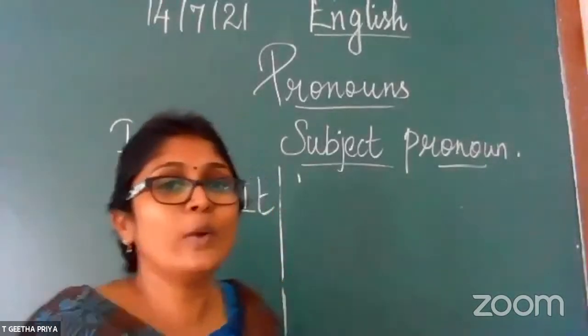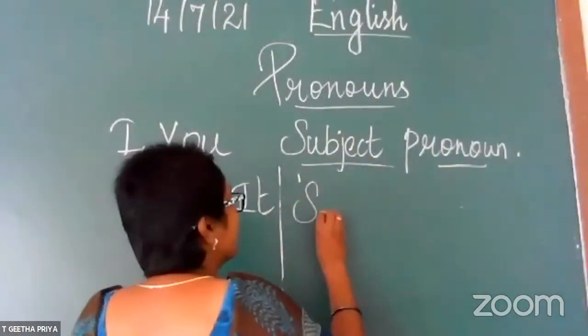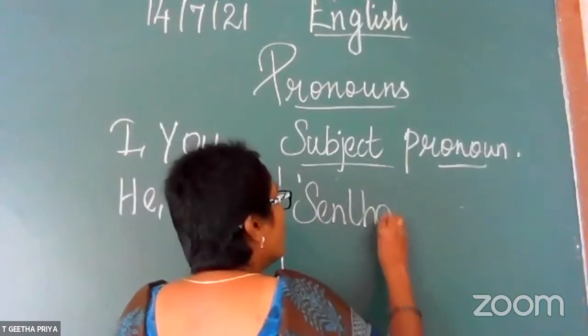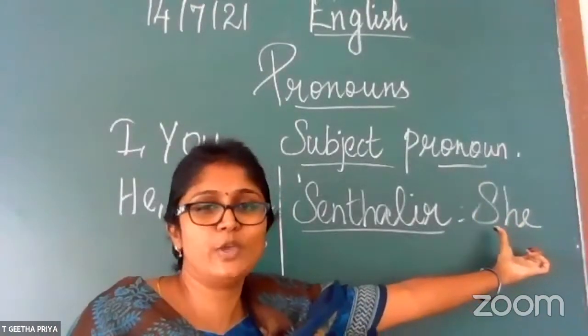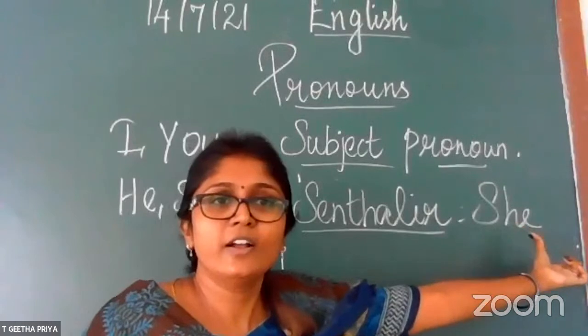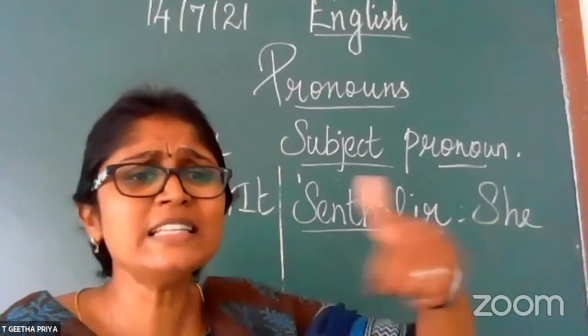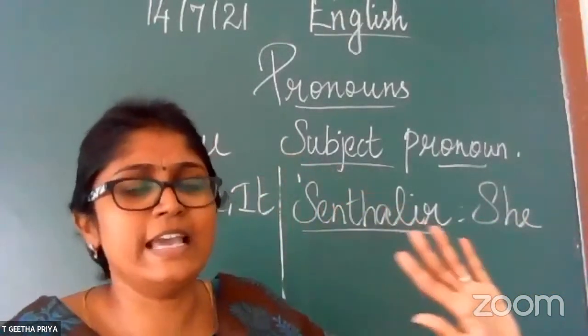So when we refer to one girl, we take Sundari. Sundari is the girl. Instead of the naming word Sundari, we use the pronoun she. Got it, children? Do you understand? Okay? Yes.